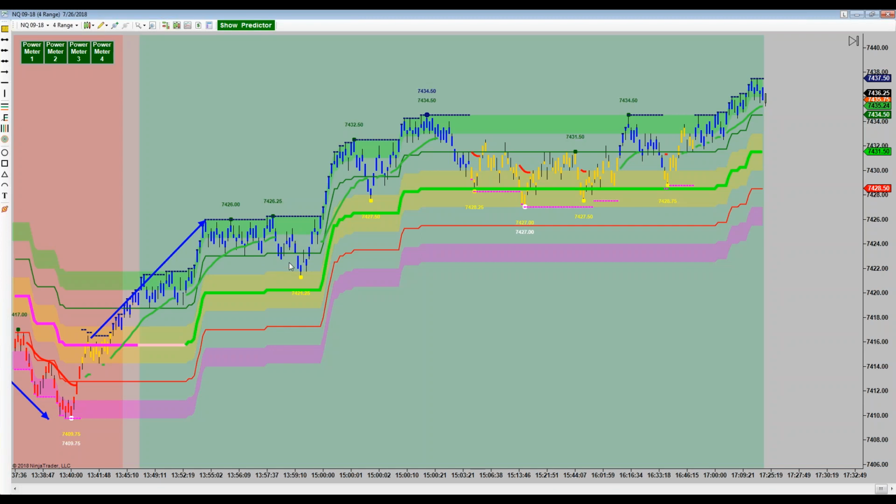The answer is yes. So if you recall, our minimum requirement to get long is twofold. You have to break and close below the stealth line, which, as you come to learn our indicators, is this little sneaky snake line. When it's going up, it's green. When it's going down, it's red. That's the stealth line.